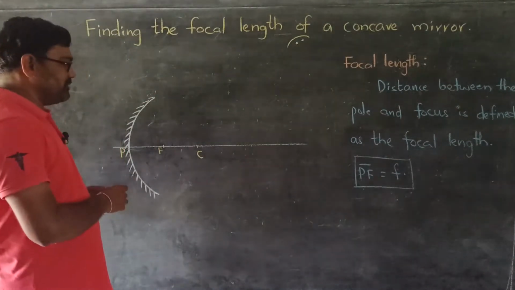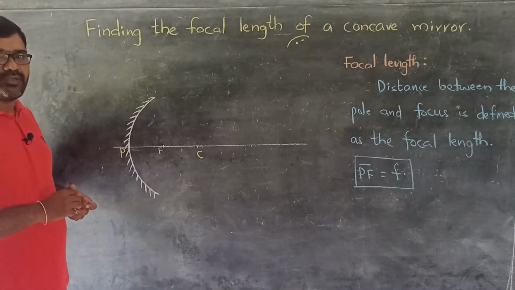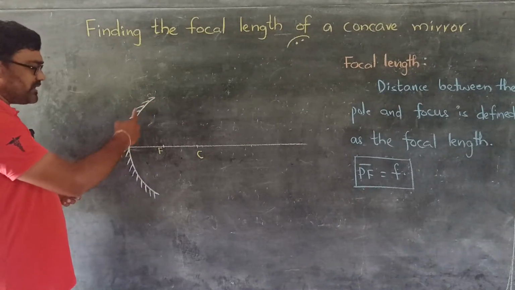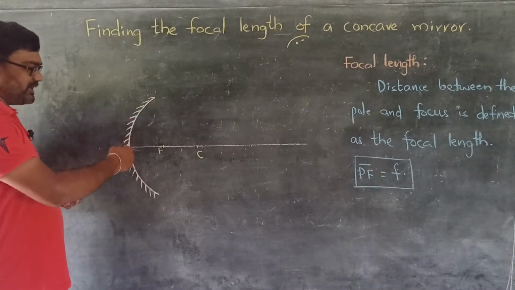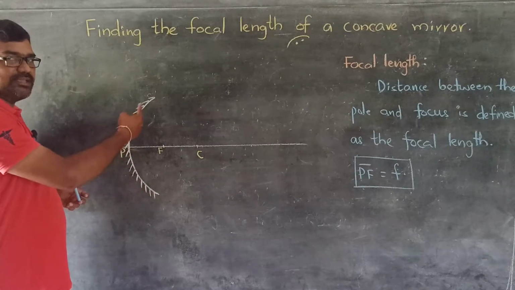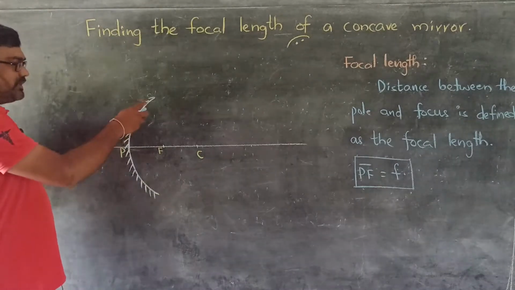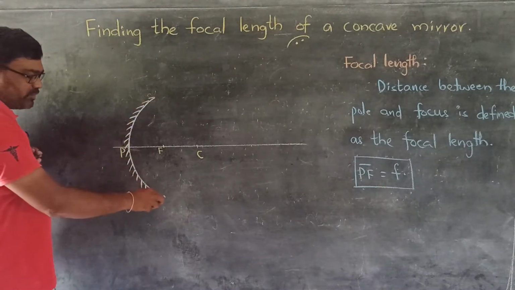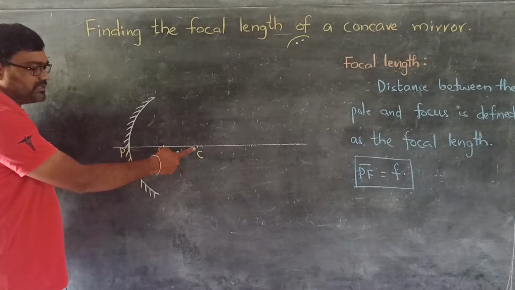See here we have a simple ray diagram of a concave mirror. This is a concave mirror. We know that the convex side of the concave mirror is coated with the reflecting body. So this is the concave mirror and this is the center of curvature of this concave mirror.